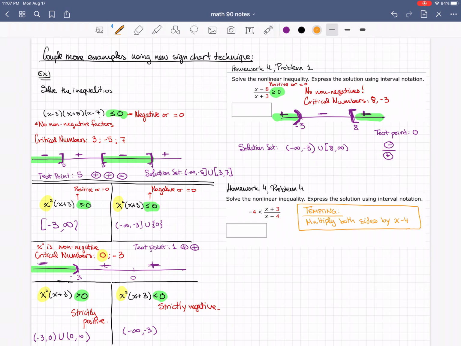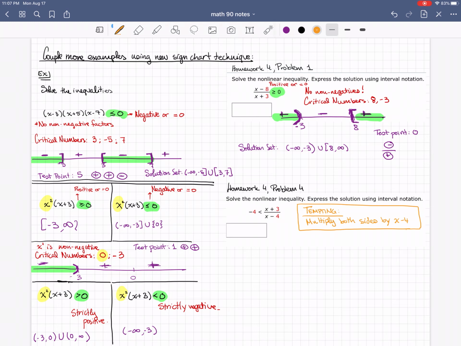If you have questions, ask me, I'll explain more. But the thing with x minus 4 is that it's a variable expression. You don't know whether x minus 4 is positive or negative. In fact, you do know it's positive sometimes and it's negative other times. So you can't multiply both sides by x minus 4 in the free and clear.